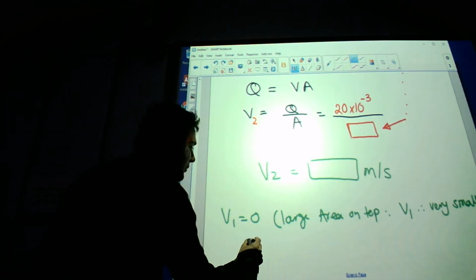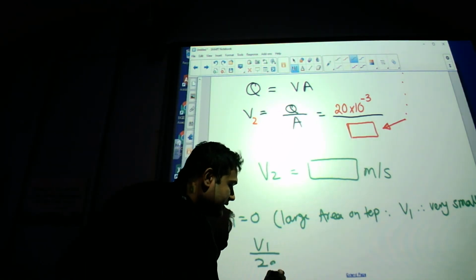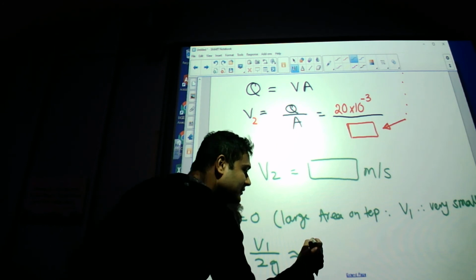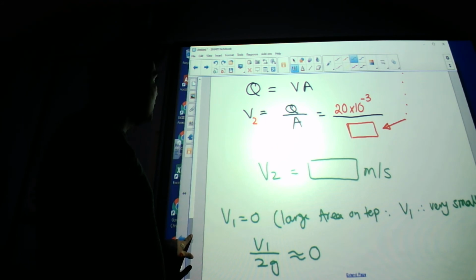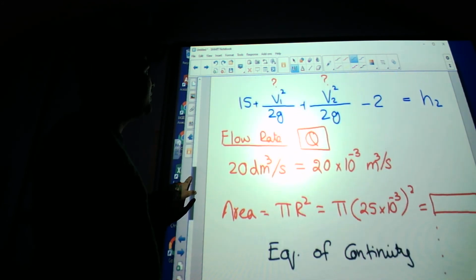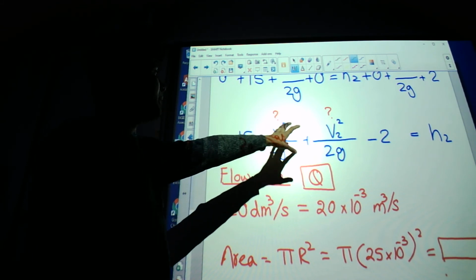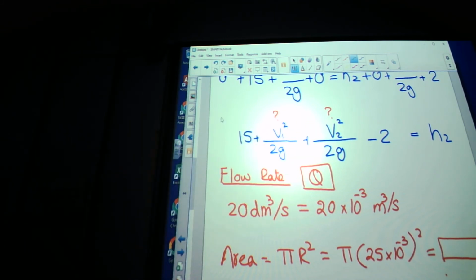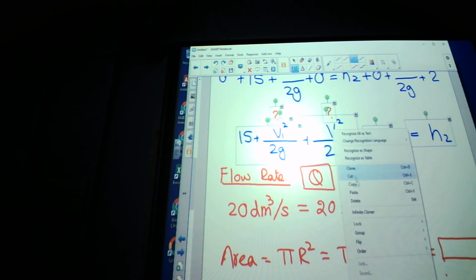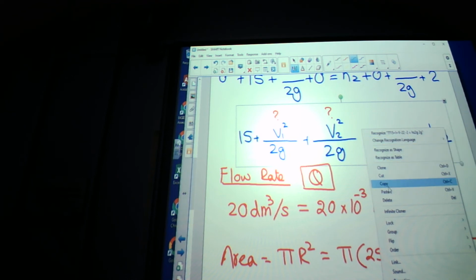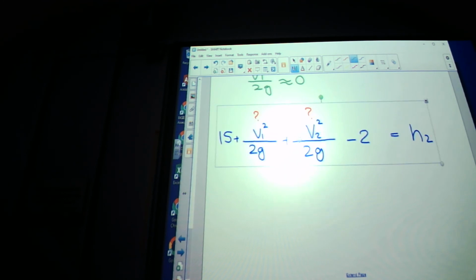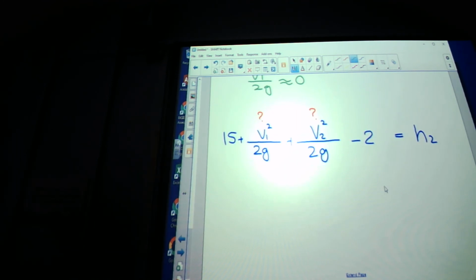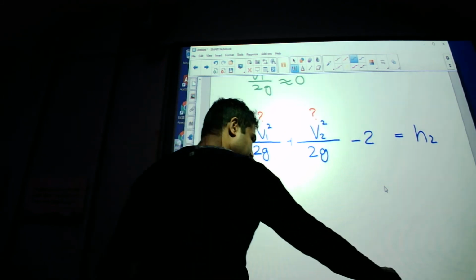If the V1 is very small, V1 squared over 2G is going to be even smaller because I'm dividing by 2G, so that's 0. So I'm just going to copy this equation, and then put in the values and make a few things 0, and now we'll get my answer.